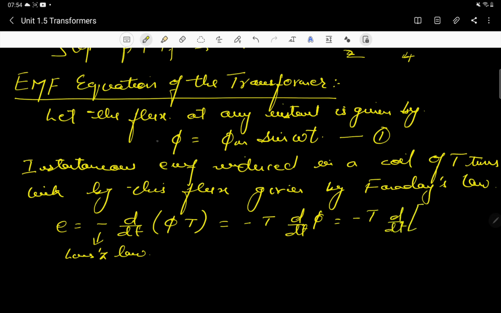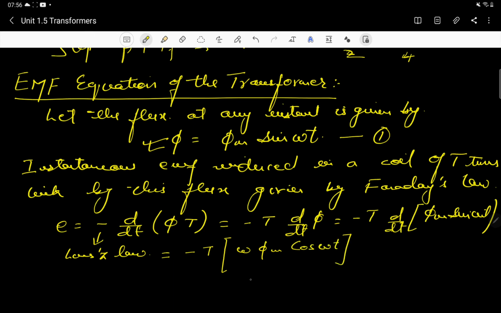Phi is given by phi m sin omega t. To differentiate that, we get omega phi m cos omega t.